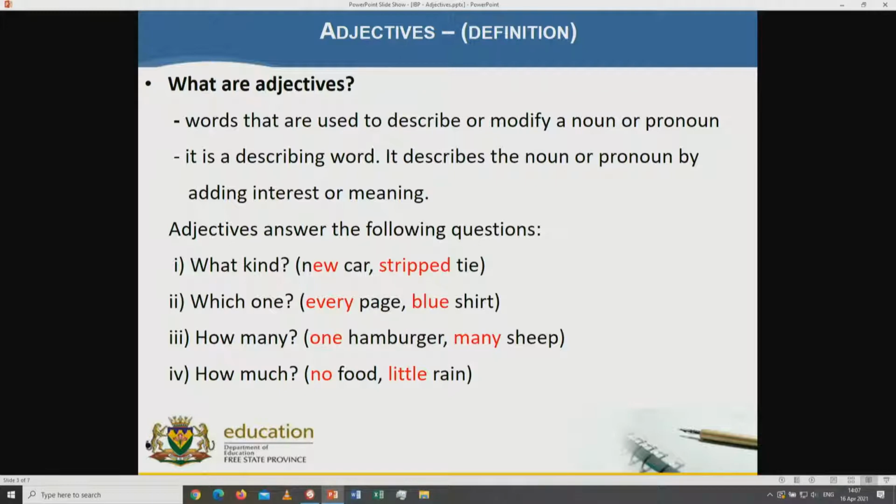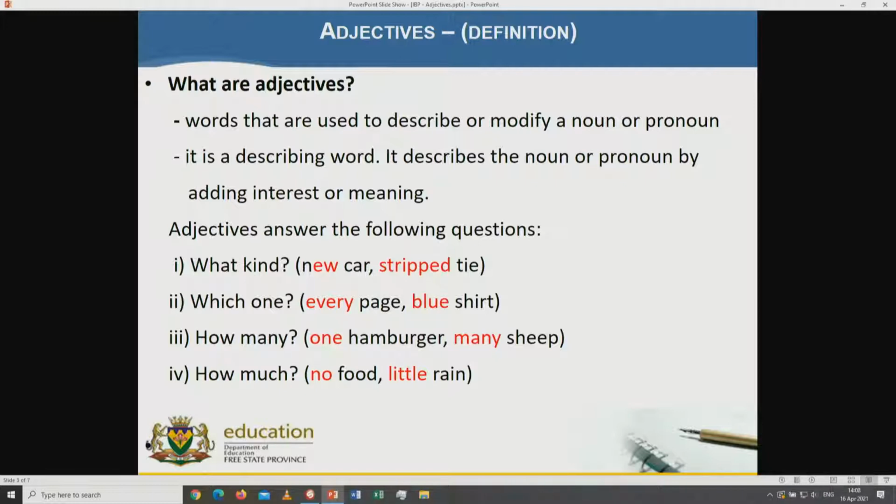Now, let's look at this one. We say it describes the noun or pronoun by adding interest or meaning to it. It's a describing word. It describes the noun or the pronoun by adding interest or meaning to it. I want us to look at this word, interest, because we said life would be dull. Life would be so boring without adjectives.